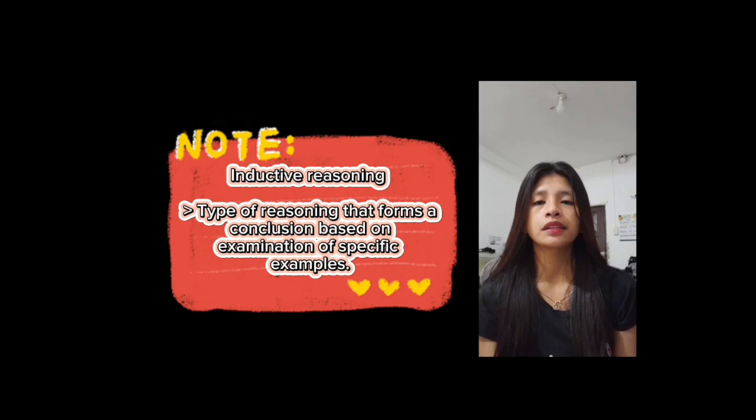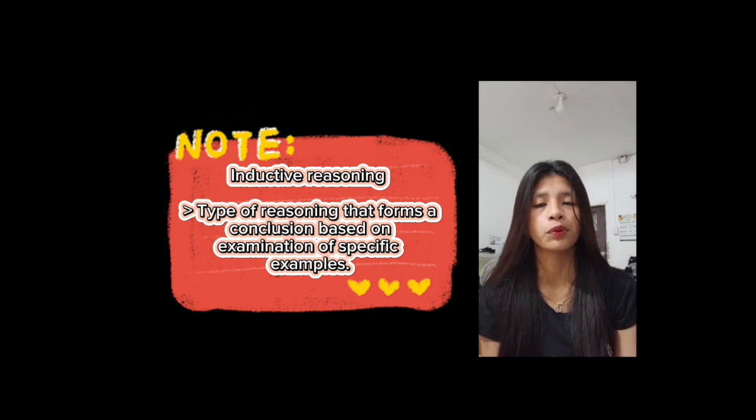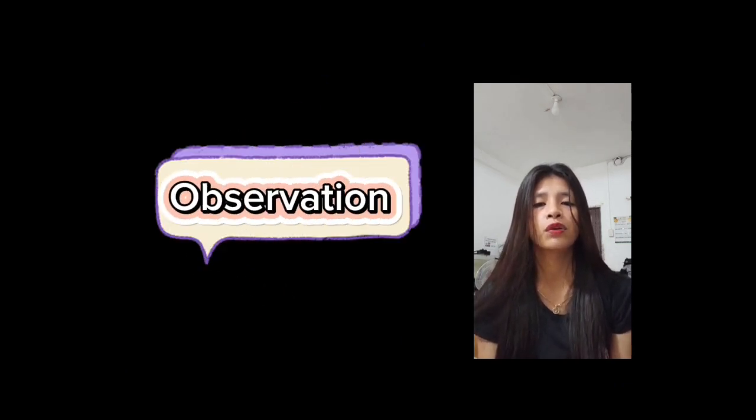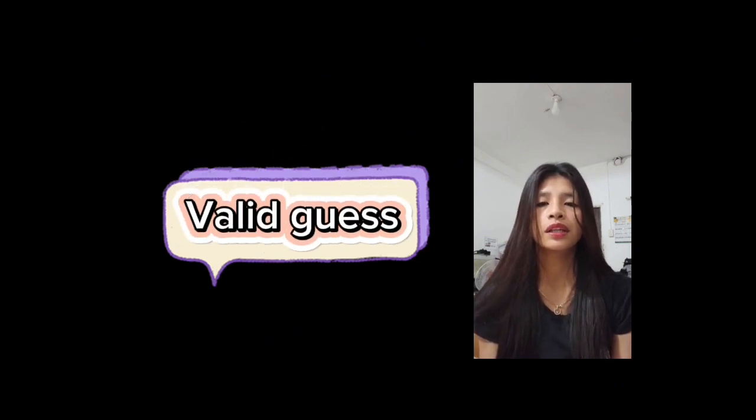Inductive reasoning is a type of reasoning that forms a conclusion based on the examination of specific examples. Inductive reasoning can be based on an observation, and it can also be a valid guess. It also makes broad generalizations from a specific observation.